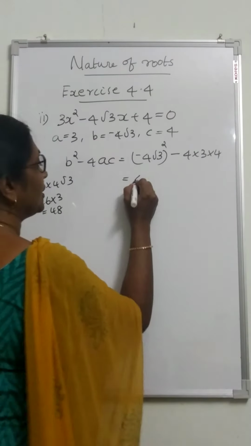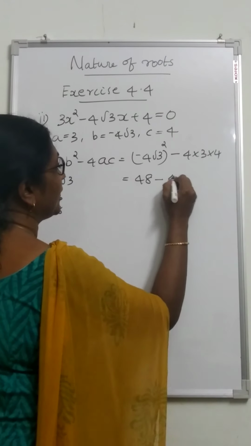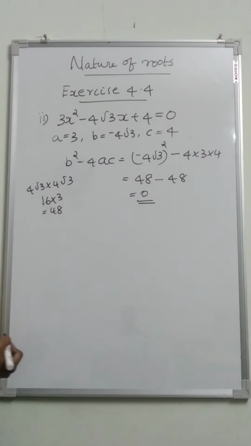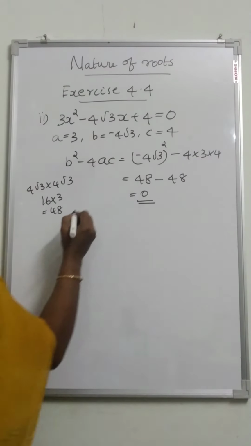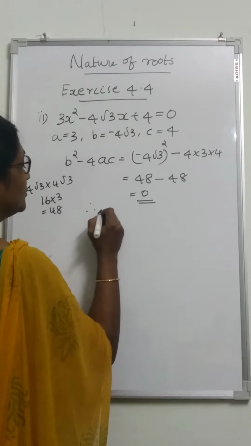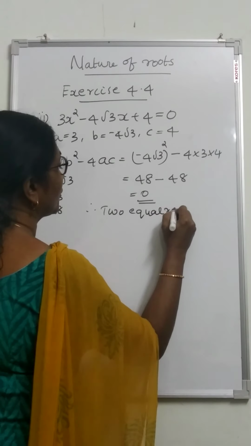Okay, that is 48 minus 4 3s are 12, 12 into 4, 48. 48 minus 48 is equal to 0. That is B square minus 4AC is equal to 0. Therefore, it has two equal real roots.